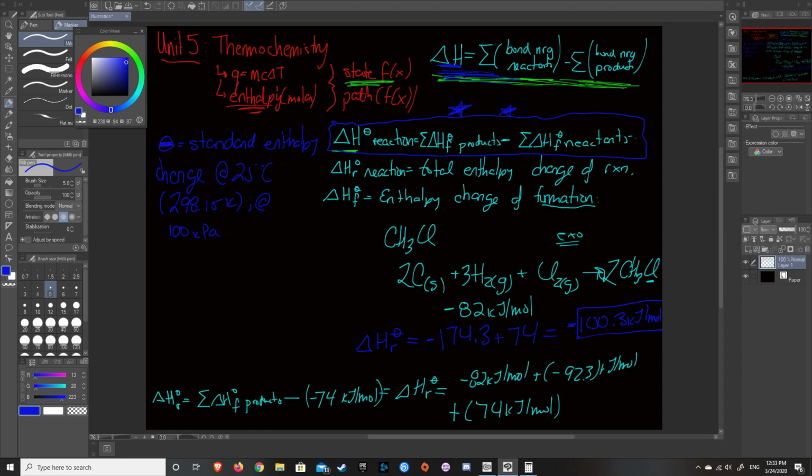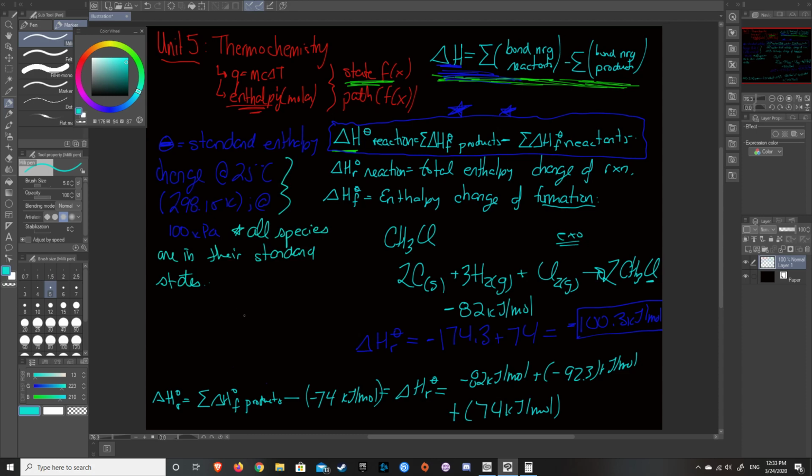And also, this is the important note, all species are in their standard states. So that's the state that they exist at 25 degrees Celsius and 100 kilopascals.